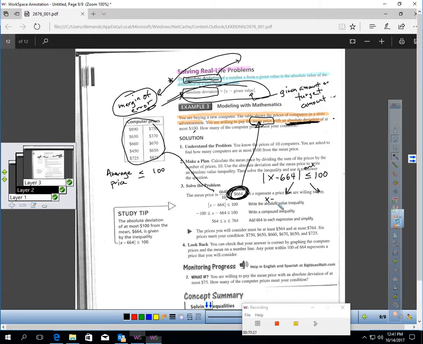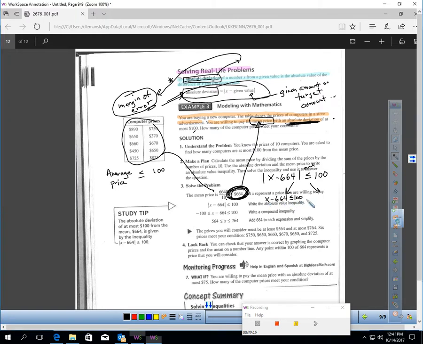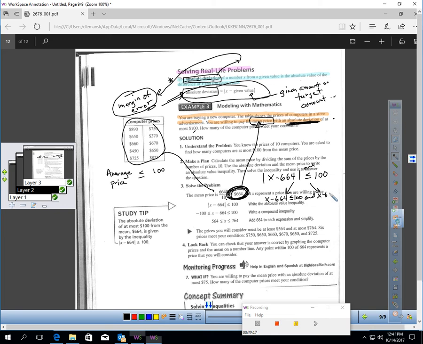You'd have x minus 664 is less than or equal to 100, and x minus 664 is greater than or equal to negative 100. Solve each of those, and you have your answer. So you should be getting 564 and 764. That's the price range I'm willing to pay for the computer.